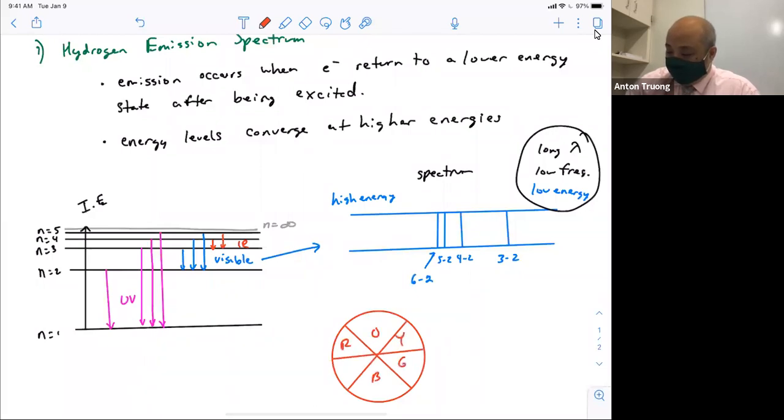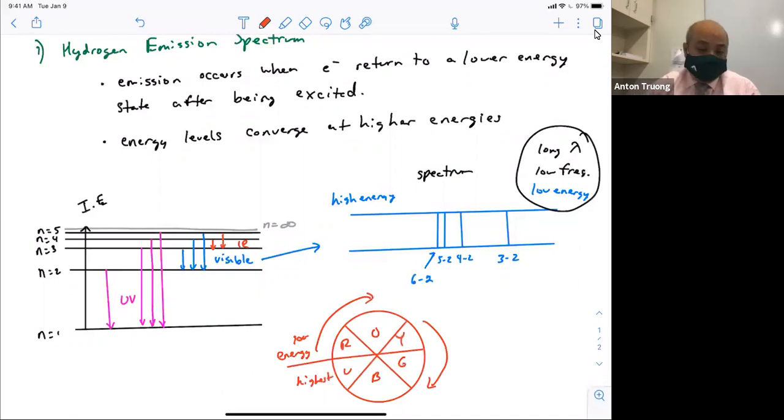Roy G. Biv, and it goes this way from low energy to highest around the circle until it gets to violet. So keep that in mind. Questions about that?